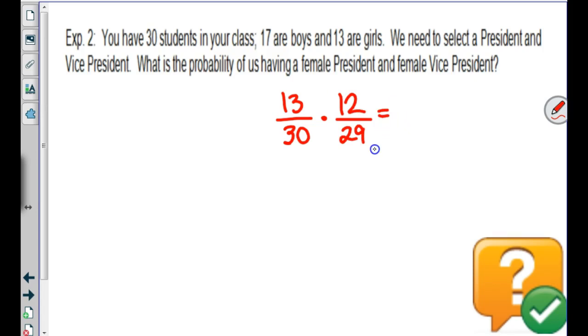Yep. I'm just going to let you do that on the calculator. What does that reduce to? This would go in here. I don't have a calculator, guys.